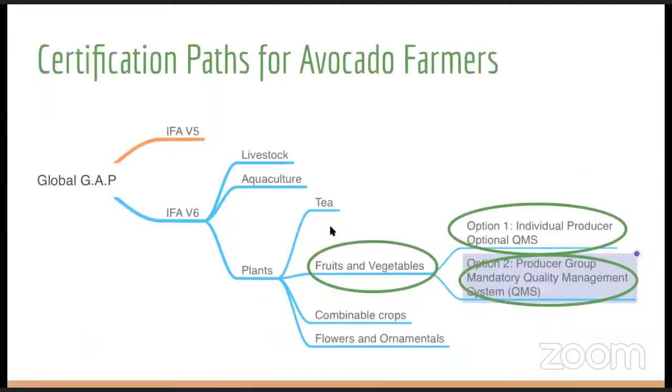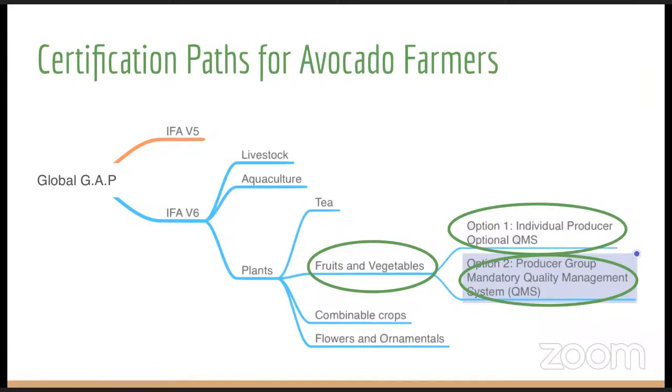So, as with many things, Global Gap sometimes can be very daunting. It can look like it's very big, lots of information, lots of things that come into play. But the way I like to see it is like peeling the layers of an onion and mapping a path through a complicated avocado orchard, which has many trees.